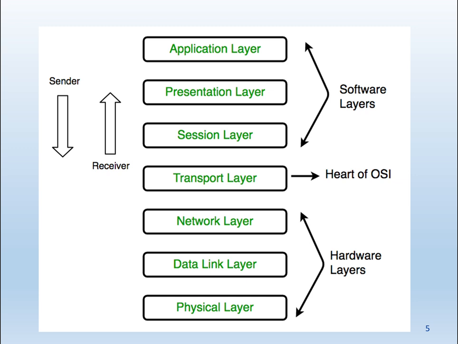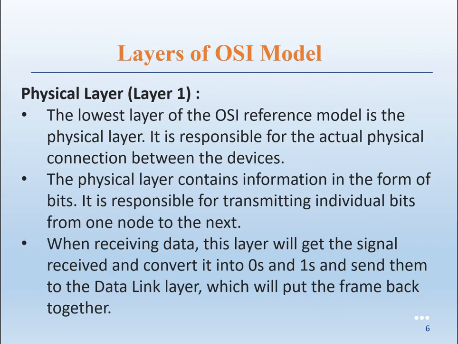These 3 layers are hardware layers. Then the transport layer is called the heart of OSI, and the remaining layers, session, presentation and application layers, are software layers. So the lower set of layers handle hardware and routing, while the upper deals with software and user interaction.